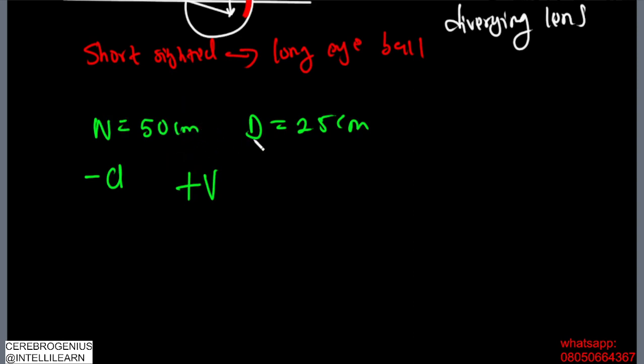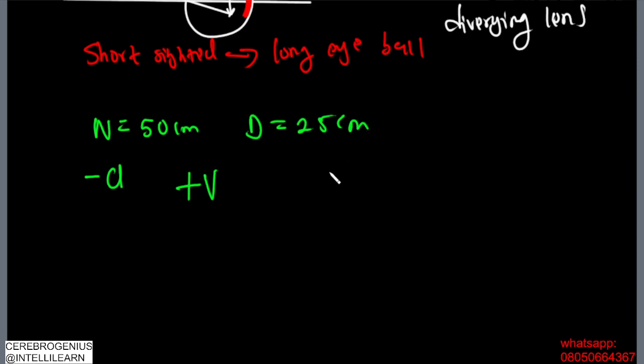So we need our lens to take the object, because where is the object? The object is at 25 centimeter, where the object is supposed to be, because the person cannot see an object at 25 centimeter, so we need the person to see an object at 25 centimeter. So we need a lens that will help us to take the object from here and form a virtual image of the object at that person's near point.